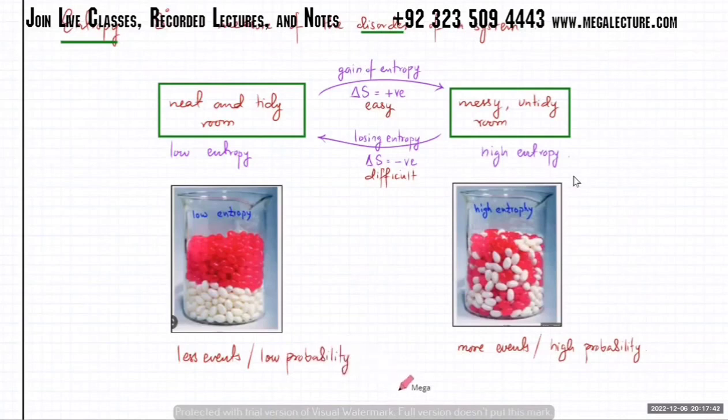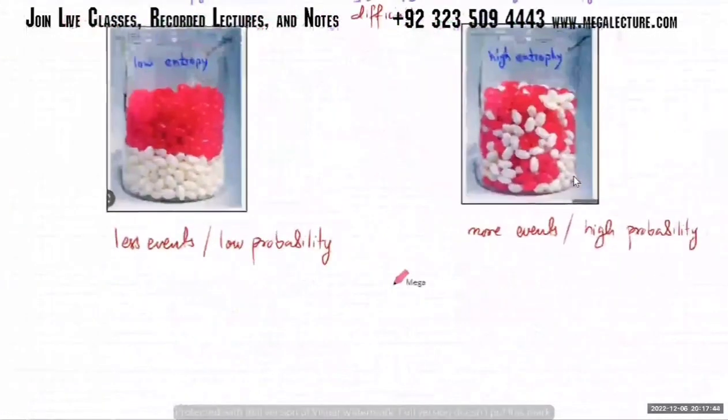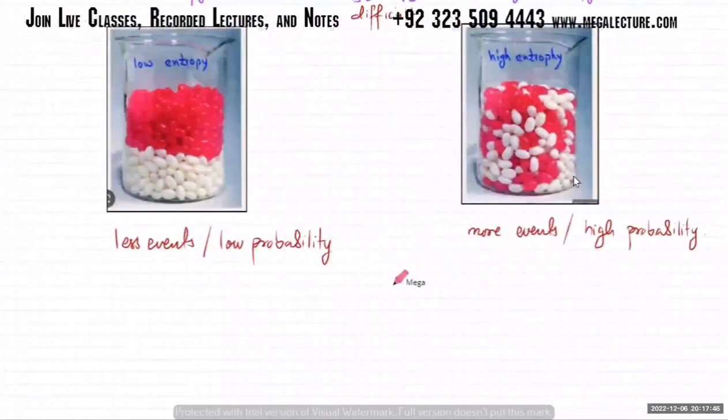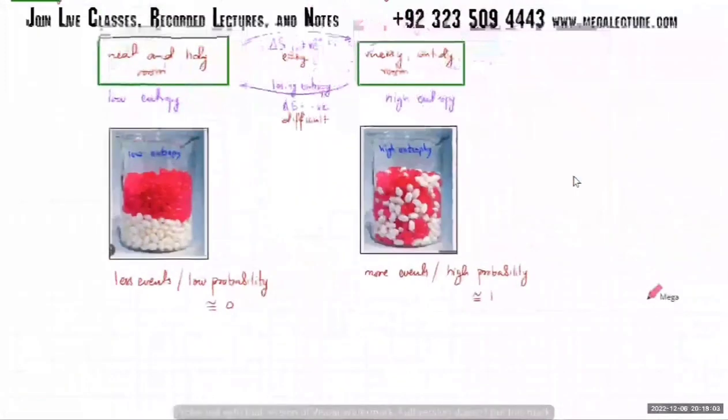And the difference between these is so huge, probability wise. You've got infinite disordered events and just one event in which it's going to be ordered, so the probability is almost close to zero. And over here, the probability is almost close to one, meaning 100% probability.